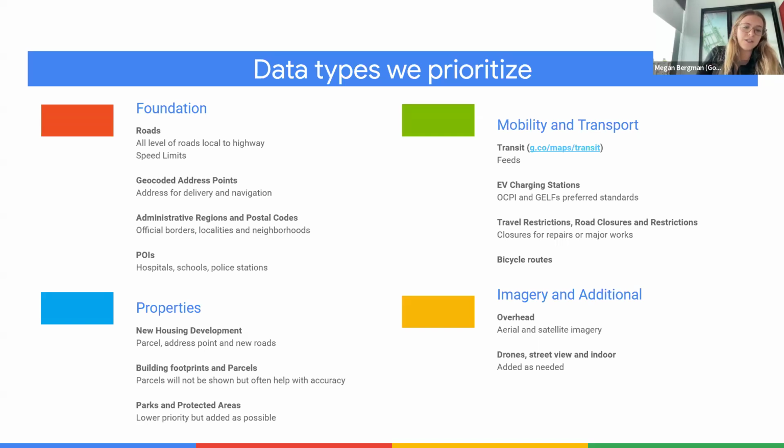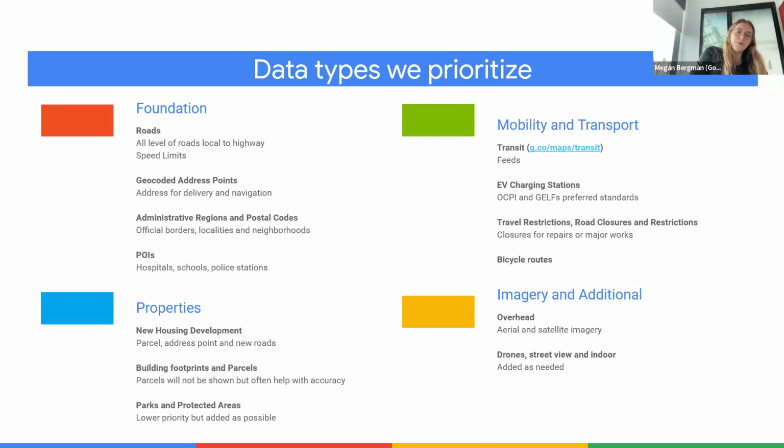And then parks and protected areas. So we do process parks as much as possible, but unfortunately, they are lower priority for us because things like roads and addresses and political boundaries and POIs are so critical for routing from point A to point B. But we do still love to get those natural features as well.